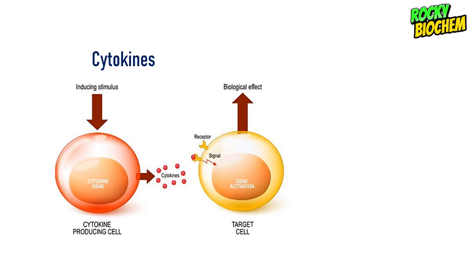So as we can see here, the cytokine producing cell will release cytokines and it will be received by the receptors on the surface of the target cell, and through that it will produce its biological effects. So normally when, let's say, macrophages secrete cytokines, some other immune cells can receive the signals for them to increase their activity in fighting the invading pathogens.